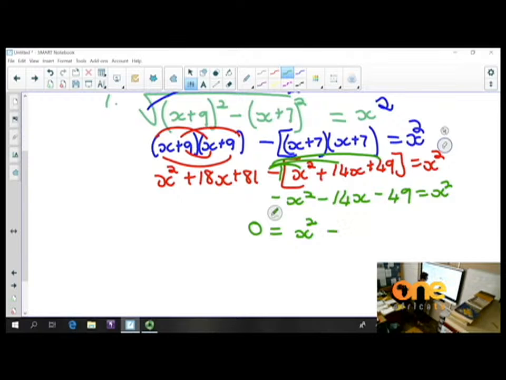And I take it over, so it becomes minus 4x. Remember, I all take them over to the right-hand side now. And what is 81 minus 49? Positive 81 minus 49 is equal to 32, but I'm taking it over, so it's minus 32.